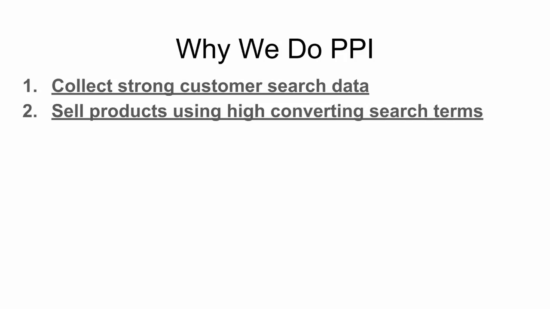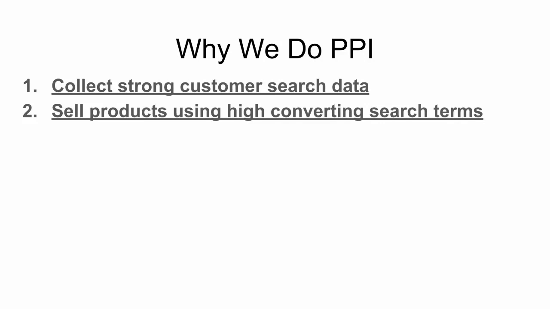Now, the number 2 reason we do PPI is to sell products using high converting search terms. Don't confuse the 2 steps. This is literally step 1 and step 2. Goal 1 and goal 2. Now, sometimes you might get both in one swing. That's awesome.